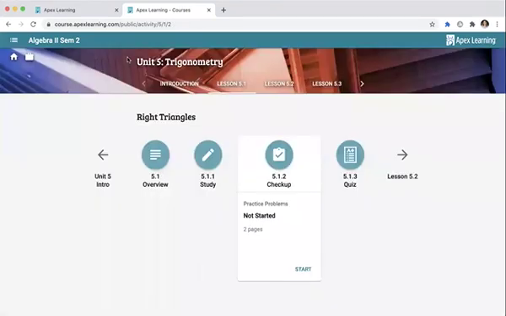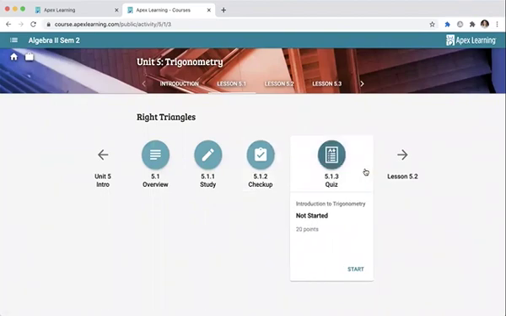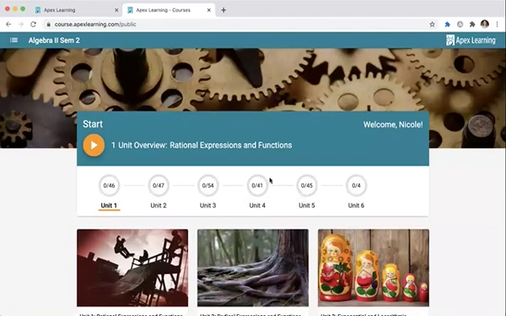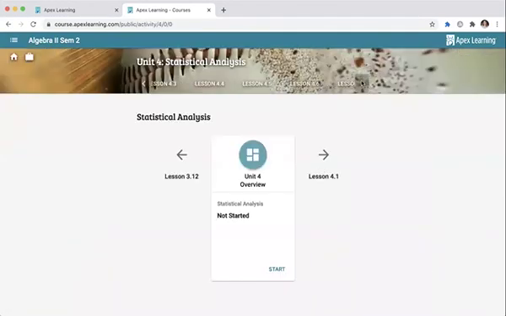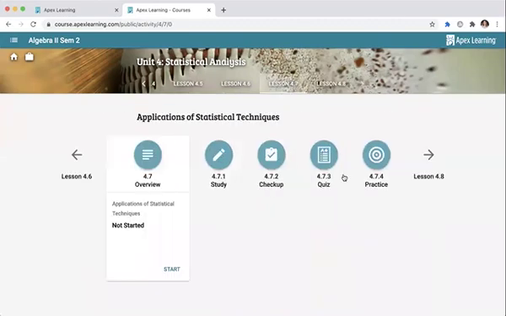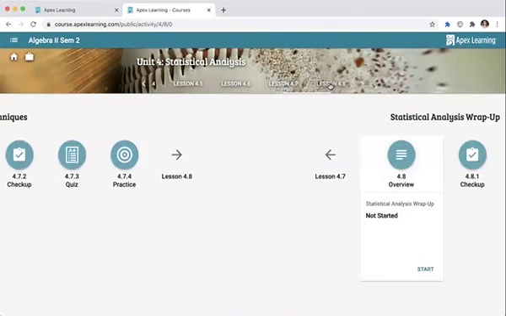So that kind of brings us to the end of class here. You're going to have this quiz here, 5.1, our introduction to trig. So that's what we've covered today. We covered 5.1 and we covered our last 2 units in unit 4. So we covered 4.7, which has that quiz, and 4.8, which is your unit test.